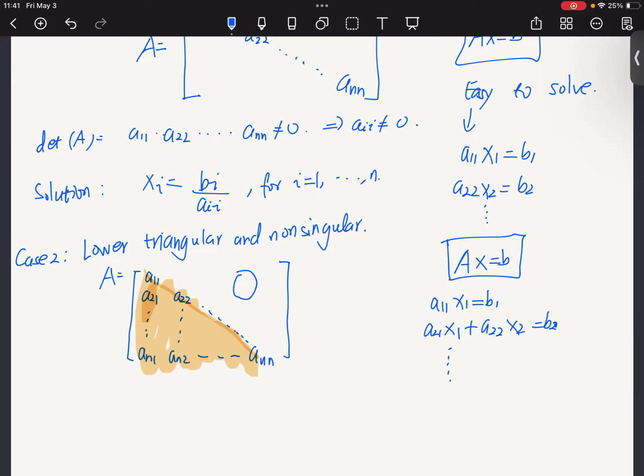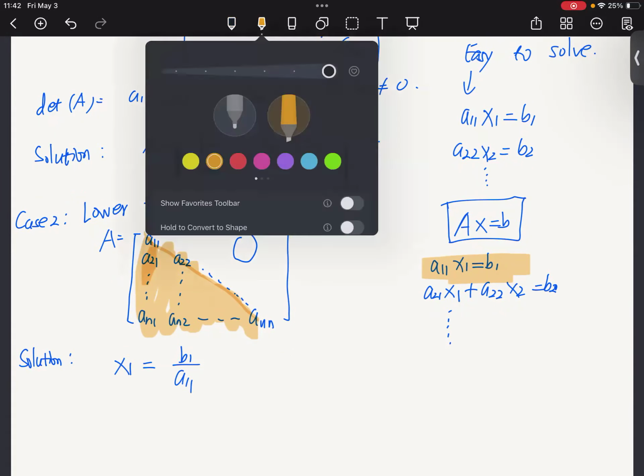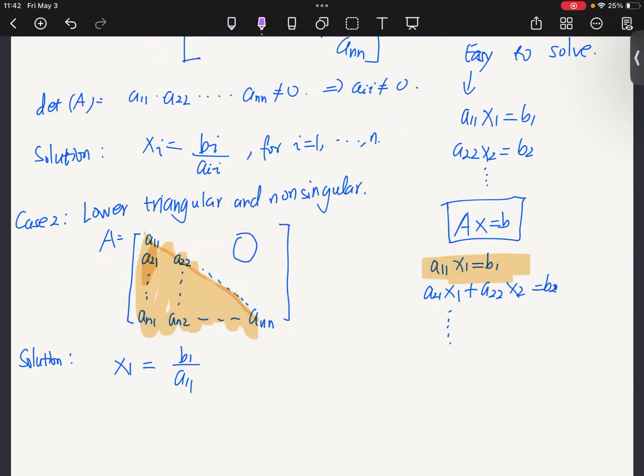Our idea to solve this is from the top to the bottom. From the top, that is the first equation, we immediately get the solution for x1. x1 is just equal to b1 divided by a11. And if we want to go forward, we already know the value of x1, right?